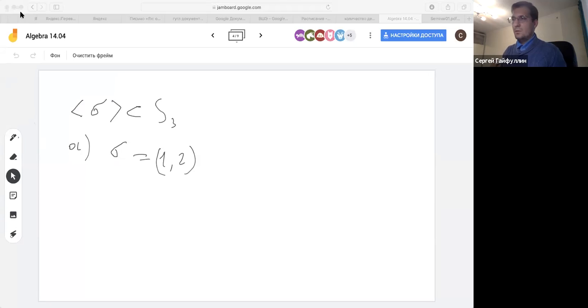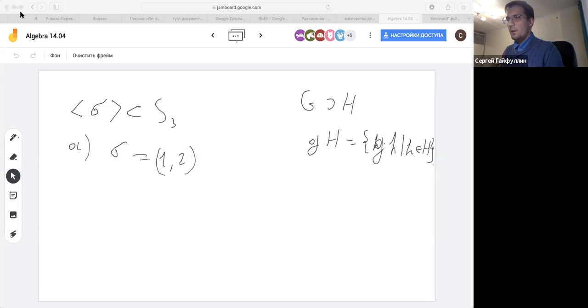What are left cosets? When we have a group G and a subgroup H, then left cosets are G multiplied by H, and this is just G multiplied by all h, where h comes from H. Okay, what is the subgroup generated by sigma in angle brackets?